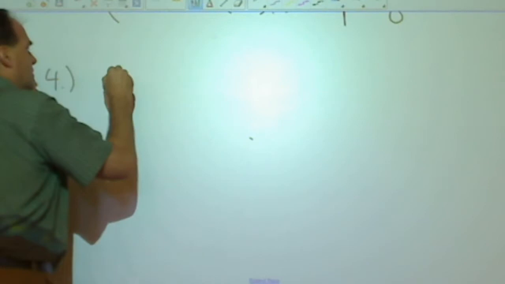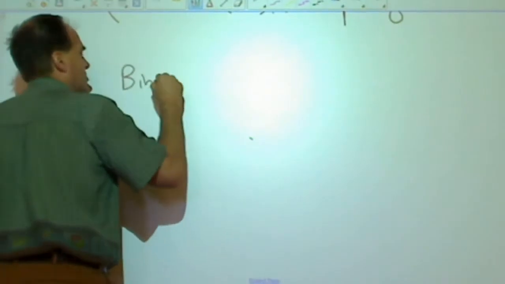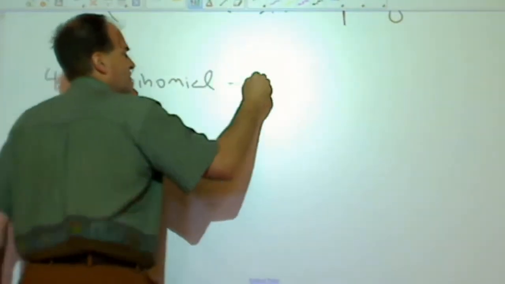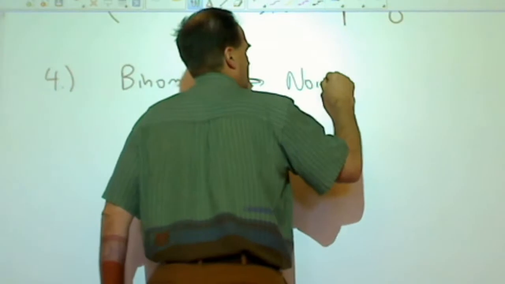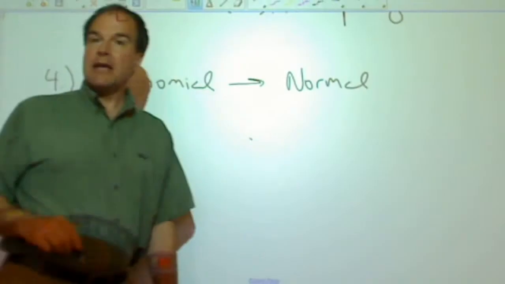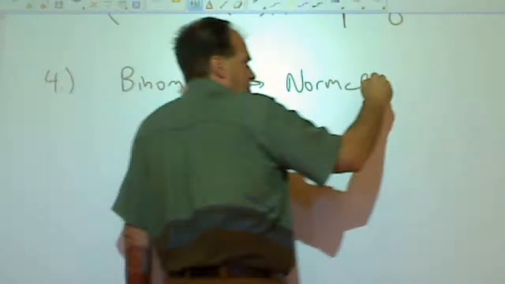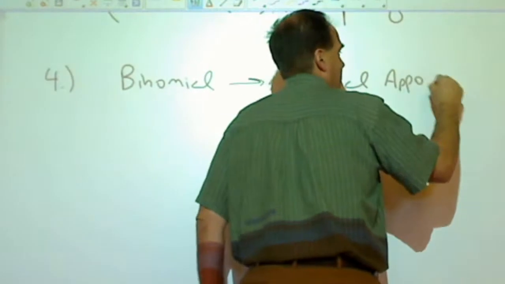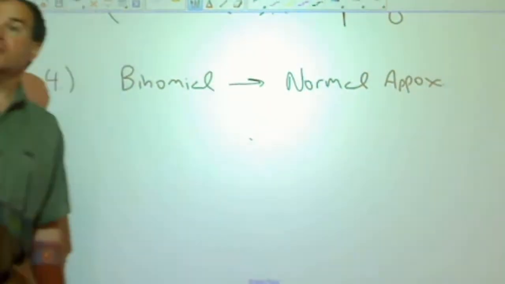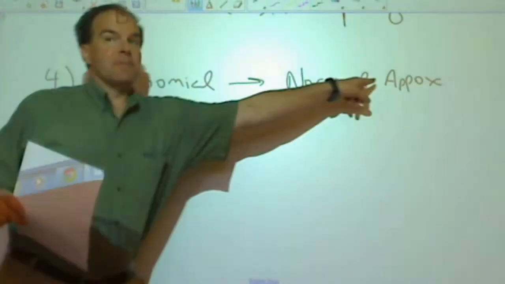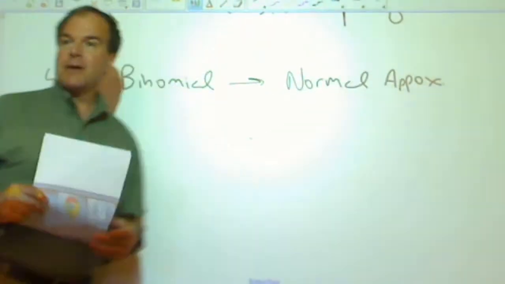Technically it's a binomial, but the numbers are large enough that you can do the normal approximation. This part isn't really important.